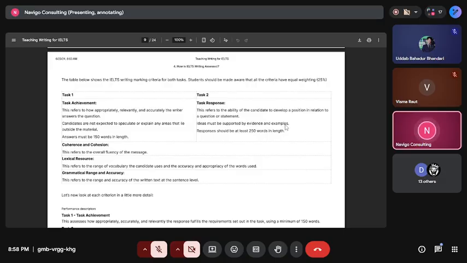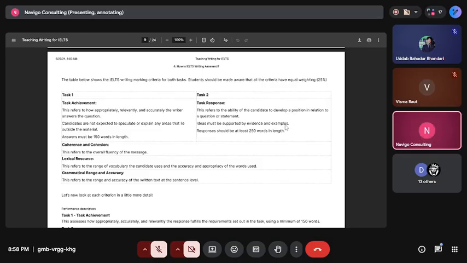Task achievement means how appropriately, relevantly, and accurately you are answering the question. Whether the writing is relevant to the question or not, right? Is it accurate?